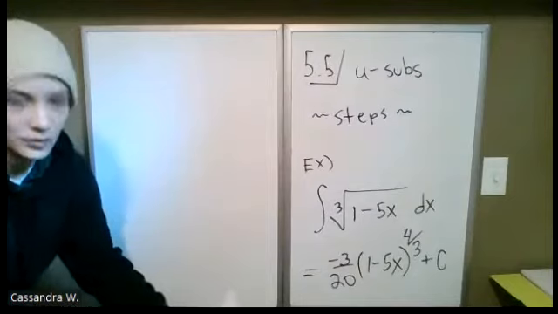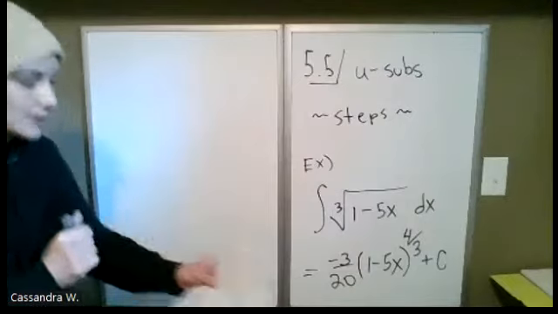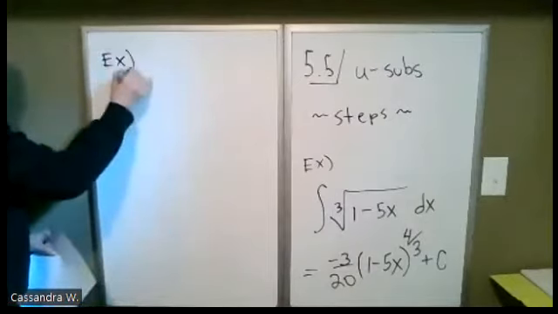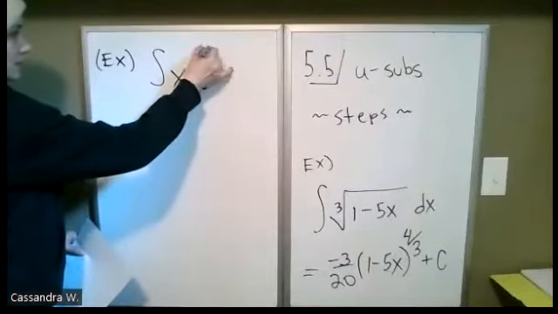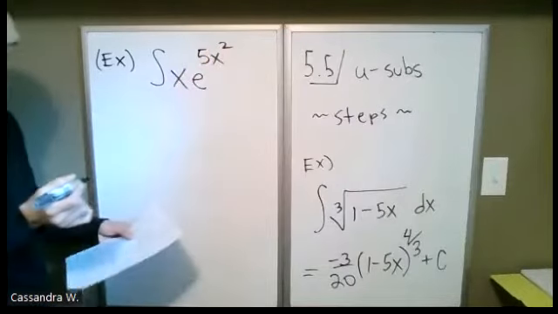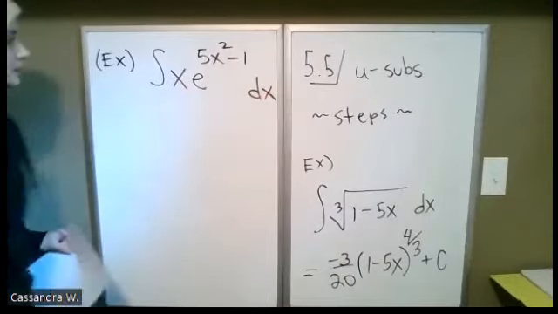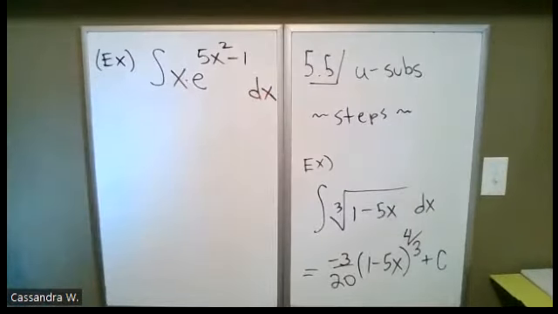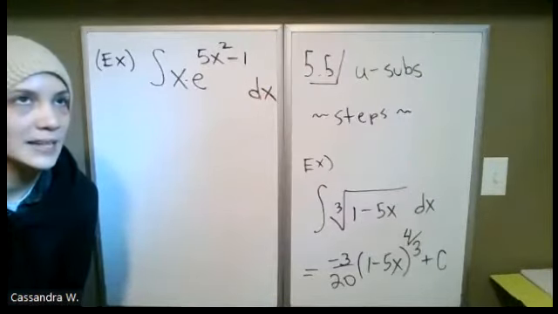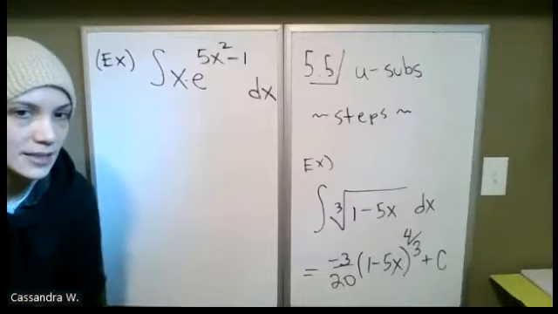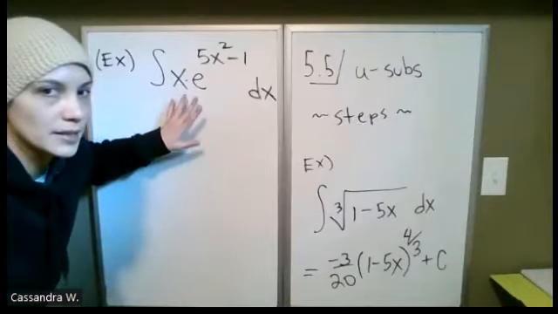Okay, so the next integral is x times e to the power 5x squared minus 1 dx. My advice is to pick a kind of messy part of this product.